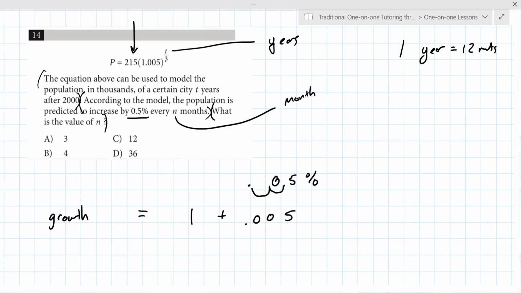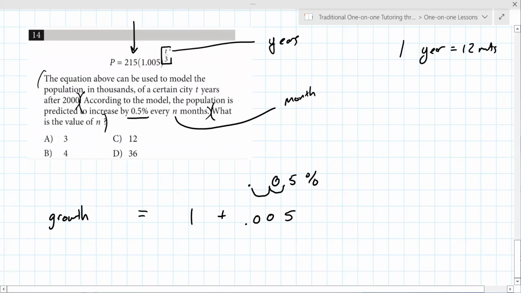So I don't want to do this. The model increases when the exponent is 1. When does t divided by 3 equal 1? So I'm asking you to solve this equation. So you can cross multiply. T times 1 equals 1 times 3, or T equals 3.